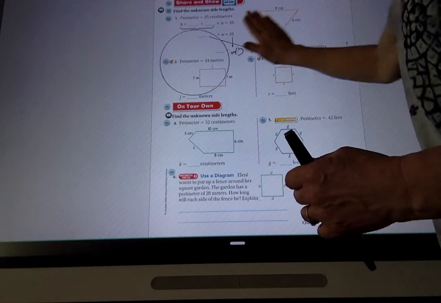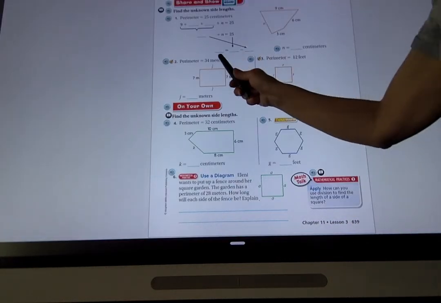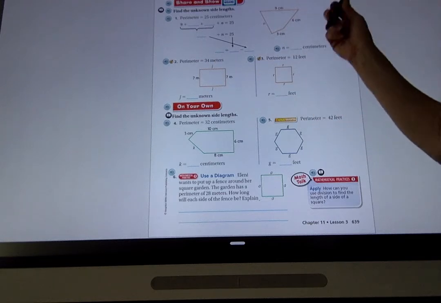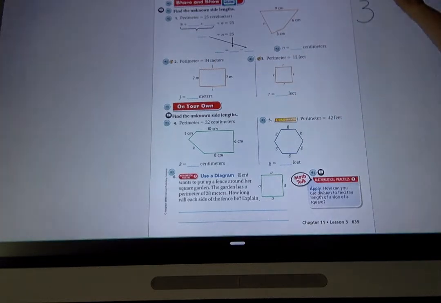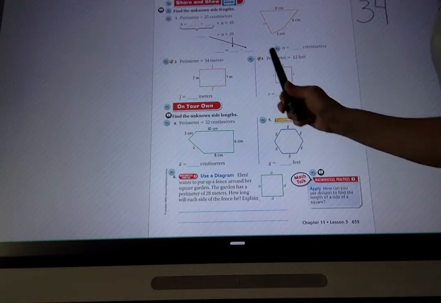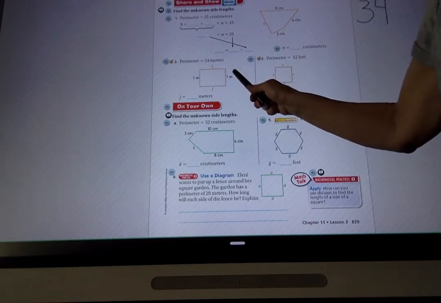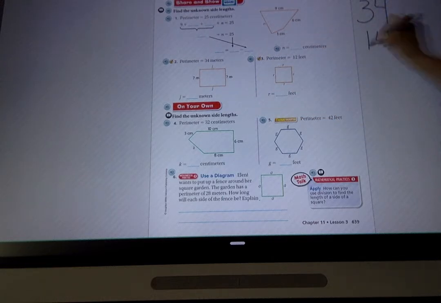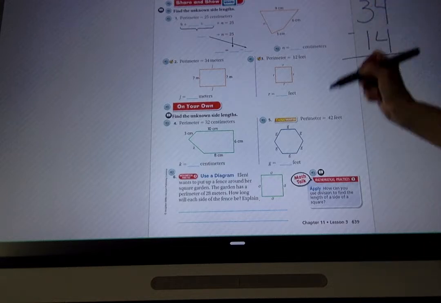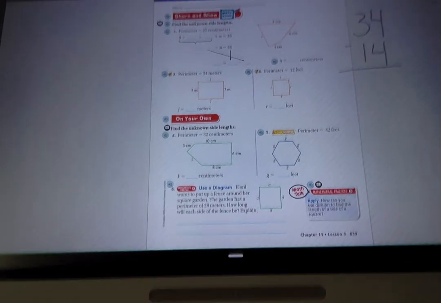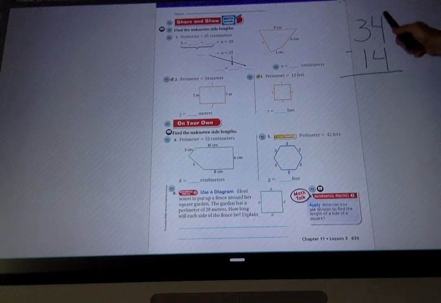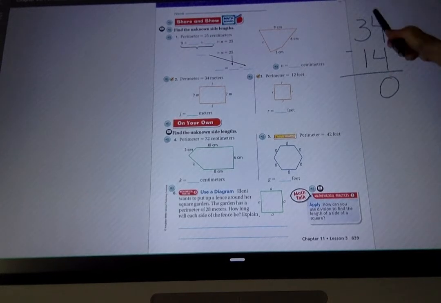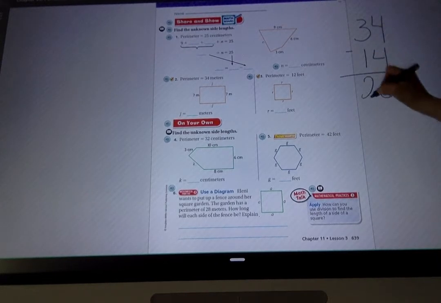Let's try another one. We have 34 meters. That's what I already know, 34 meters. And I know I have 7 plus 7. These two sides together make 14. I'm going to subtract. 4 from 4 is 0. 3 take away 1 is 2.